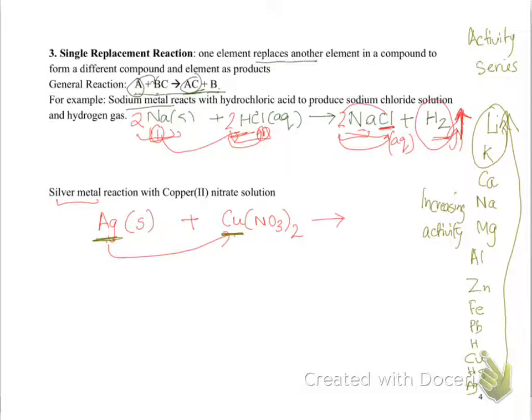So let's look in the activity series. Here is silver and here is copper. Copper is more reactive than silver. Silver is less reactive, and if silver is less reactive, then it cannot replace copper from copper nitrate. So if you mix these two, no reaction will take place. And if no reaction is taking place, you're not writing any products.